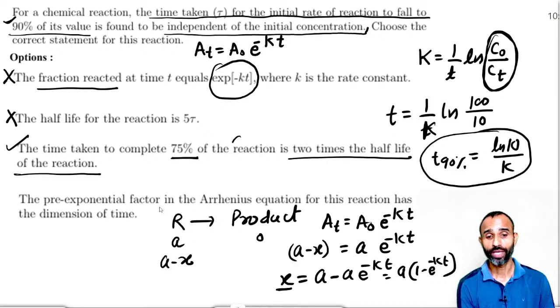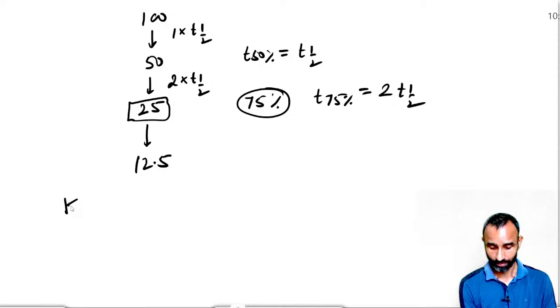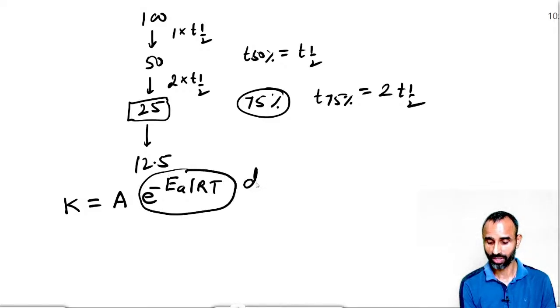Now, the pre-exponential factor in the Arrhenius equation for this reaction has dimensions of time. See, K equal to A into e raised to power minus Ea by RT. You know, the exponential factor is dimensionless.